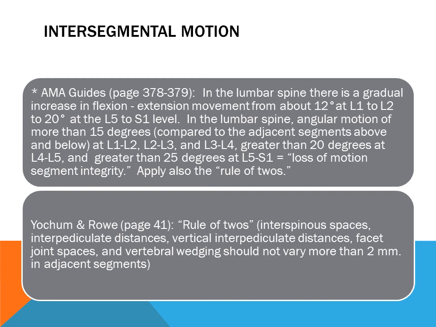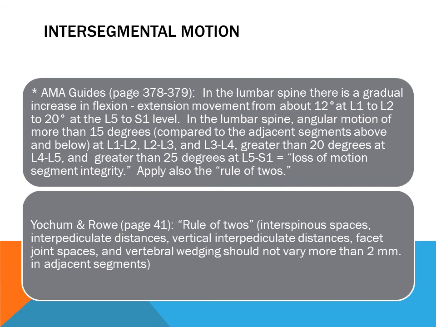If it was 12 degrees at each level, which it's not, it says the AMA guide says it increases to 20 degrees at L5S1, but let's just say that it was 12 degrees at each level. Well, there's 5 levels. That would be 60 degrees of total angular motion. Well, our example just produced 56 degrees, so we're close.